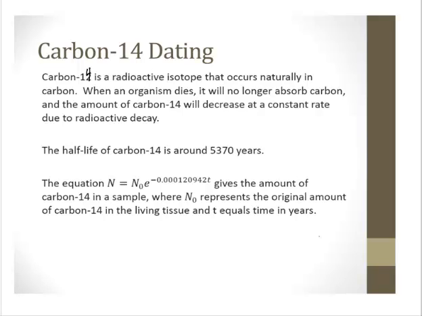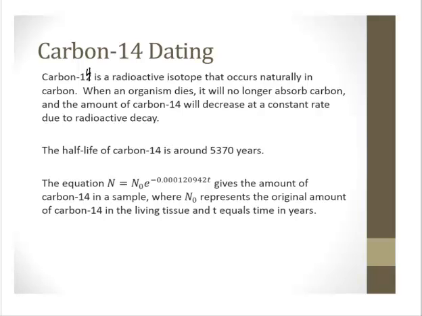So then the equation N equals N0 times e to the negative 0.000120942 t gives the amount of carbon-14 in a sample, where N0 represents the original amount of carbon-14 in the living tissue, and t equals the time in years.